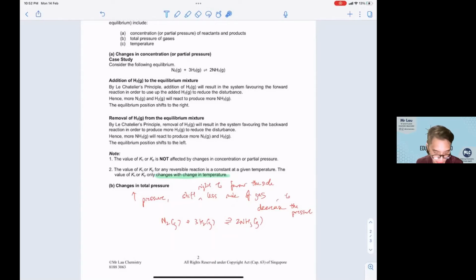Similarly, if you decrease pressure, your equilibrium will shift to favor the side with more moles of gas to increase the pressure, to minimize the disturbance.